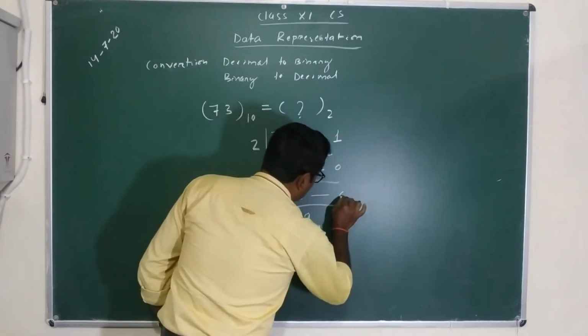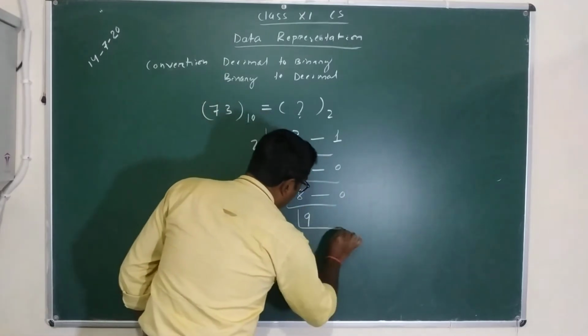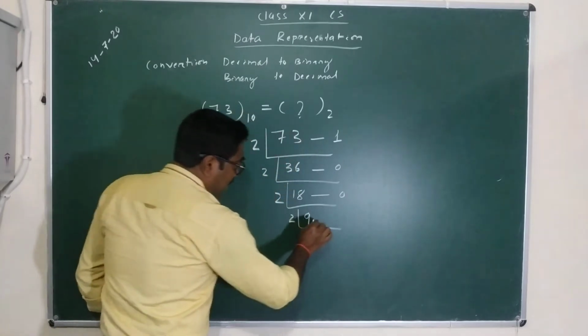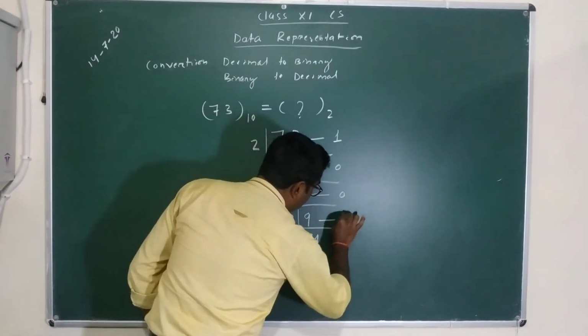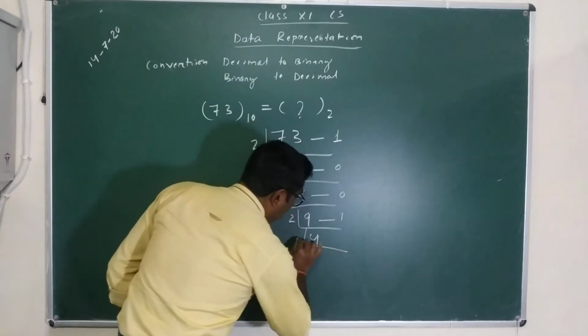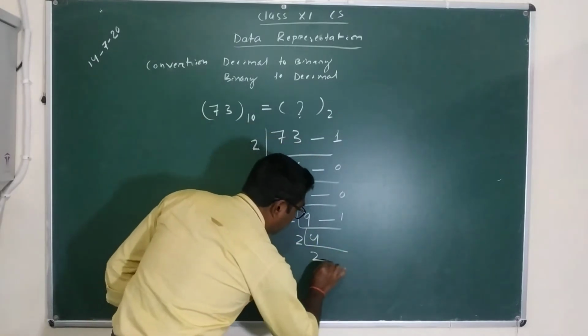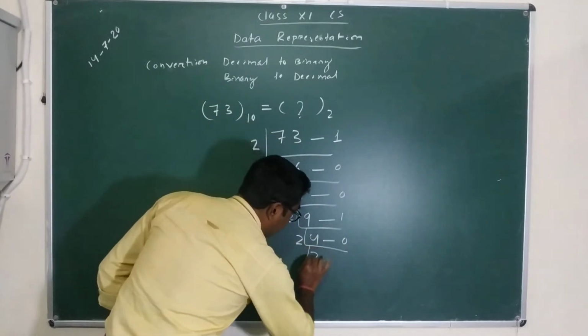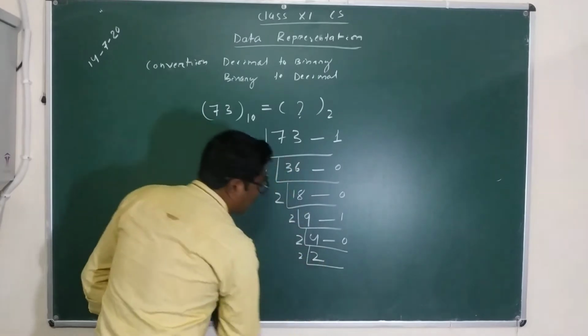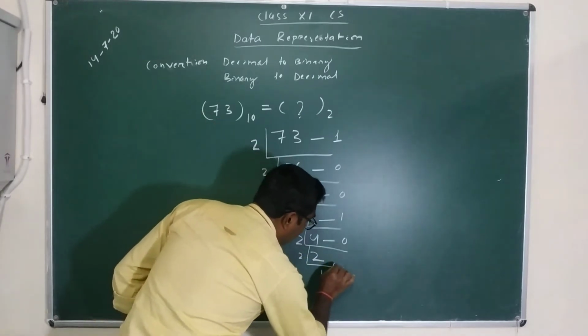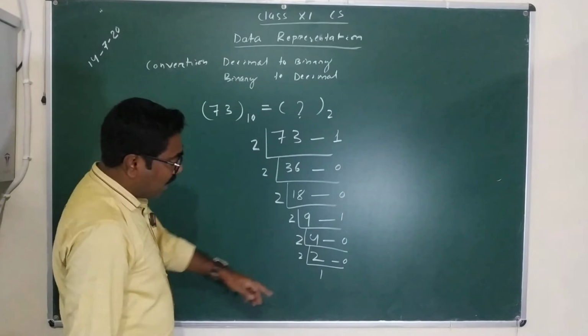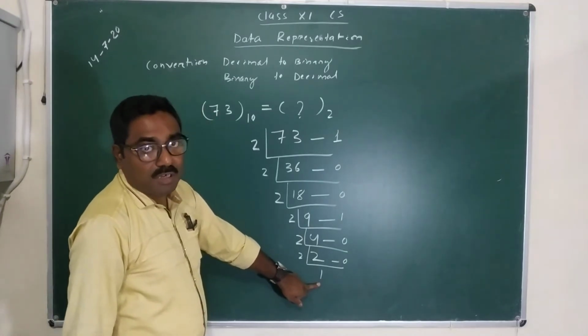Again divided by 2, it is 4, the remainder is 1. Again divided by 2, the remainder is 0. Again divided by 2, that is 1 and the remainder is 0. Now it cannot be further divided.